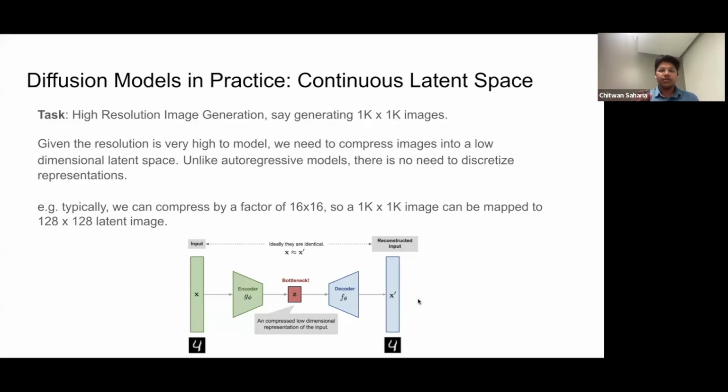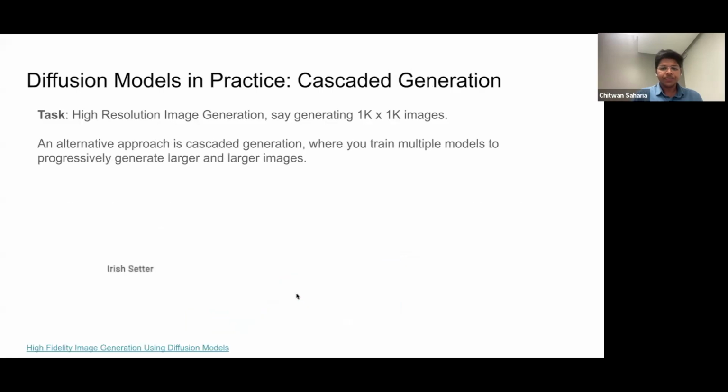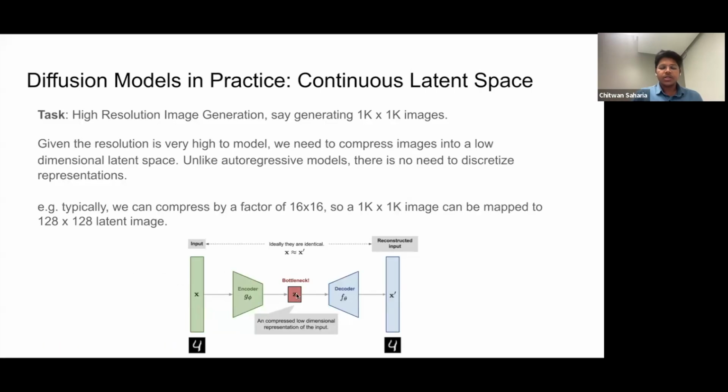But here we don't need to do that. We can map it to continuous tokens, and the compression ratio is much less because of that. So these autoencoders are much better at reconstructing images, and it helps us lower the dimensionality on which we model images. This is one way of modeling high resolution images: compress them, model them in the low resolution latent space, generate a sample, and then decode it back.